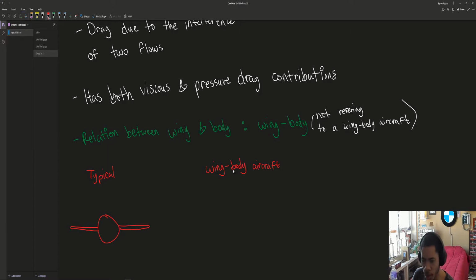Here. So a wing body aircraft will have something that looks like this.